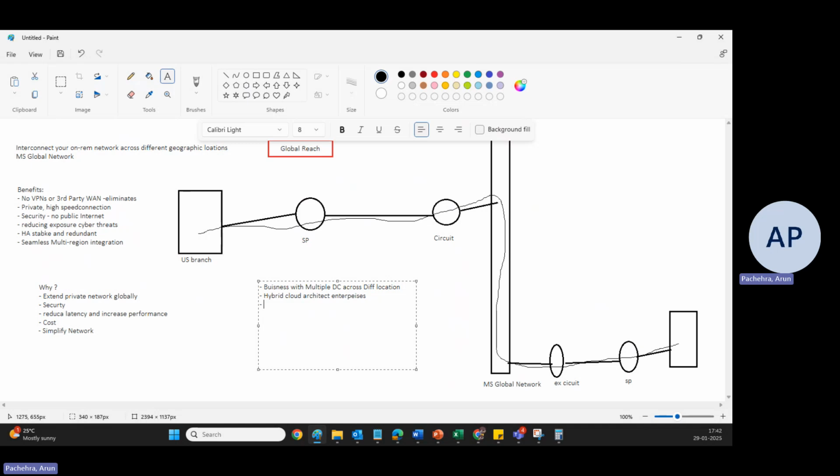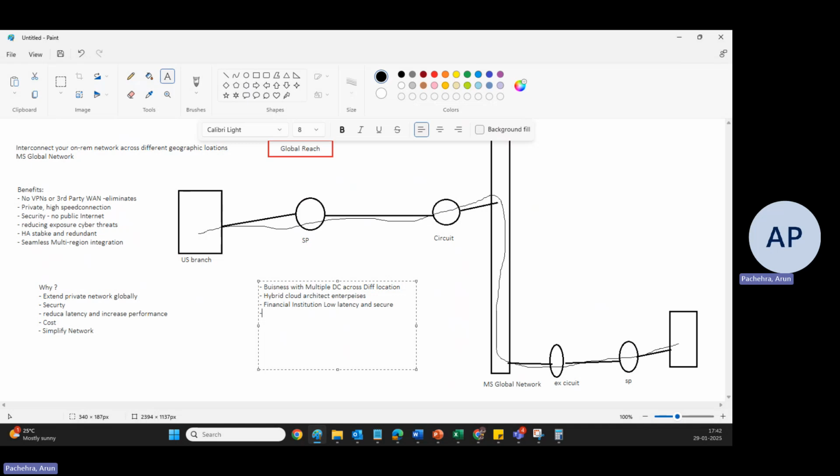And financial institutions, for example businesses that require low latency, secure transactions across different global locations. Now, think from the perspective of companies with factories, warehouses, or offices in multiple countries that need direct network connections, like manufacturing and retail companies.